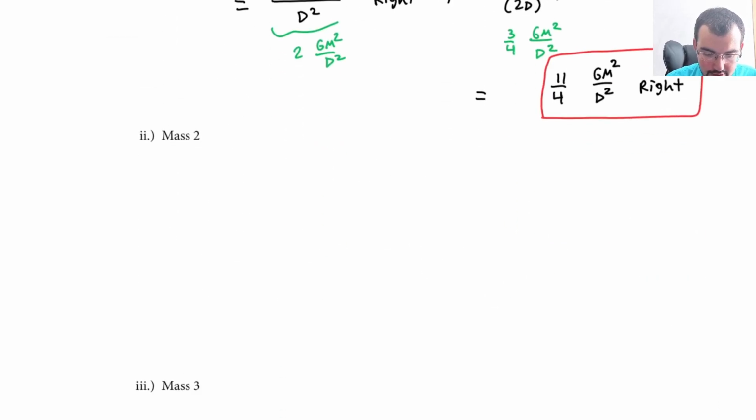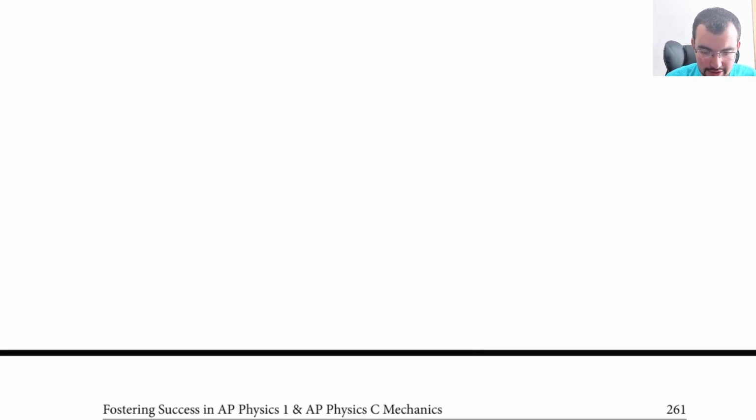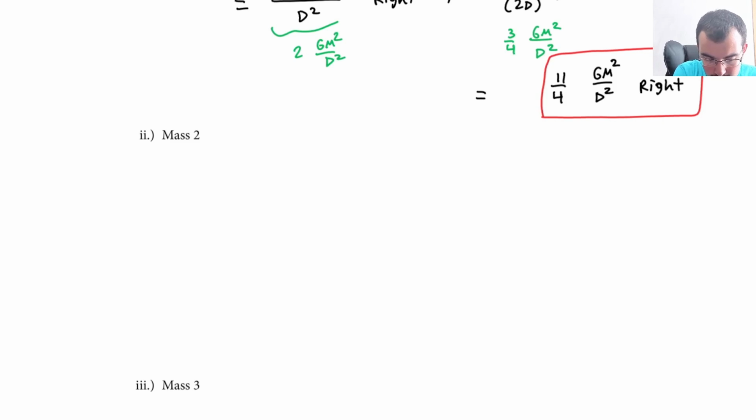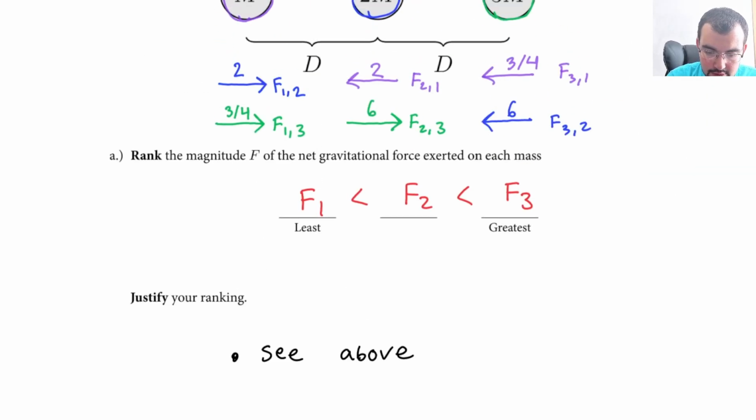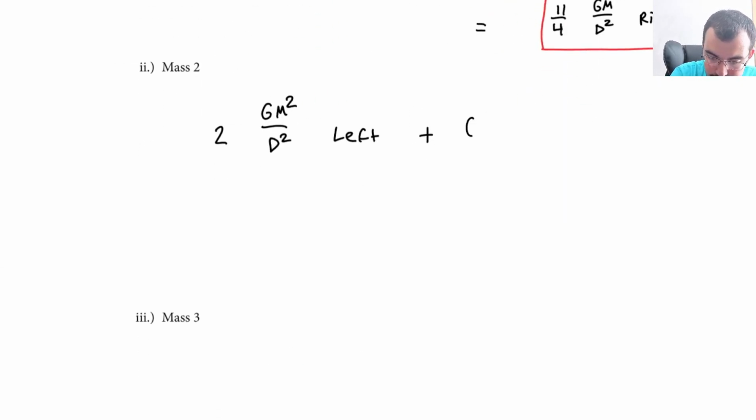So for mass 2, we said we are going to get 2 GM squared over D squared left plus 6 GM squared over D squared right, which gives 4 GM squared over D squared, right?